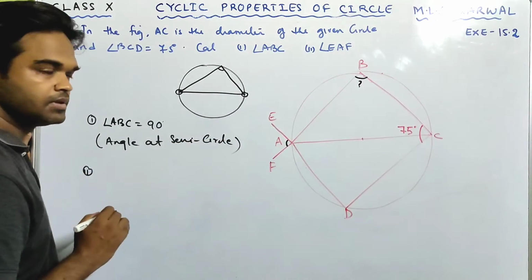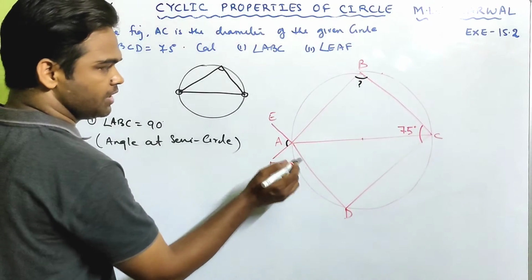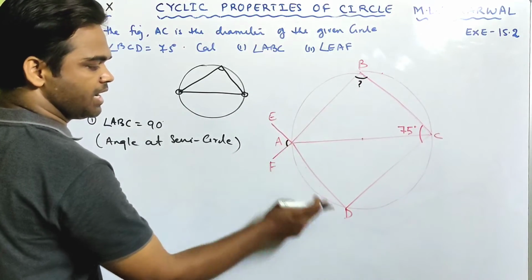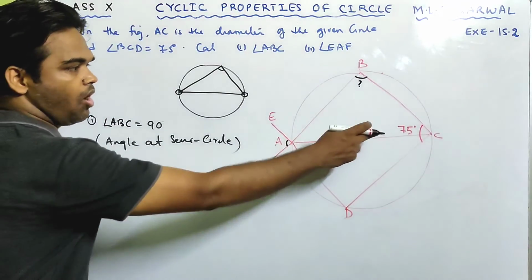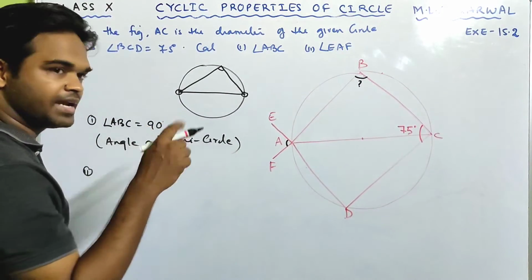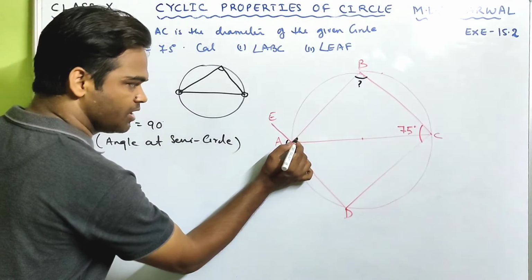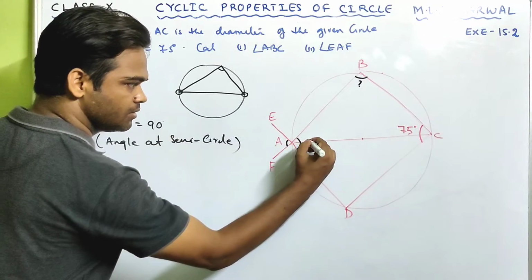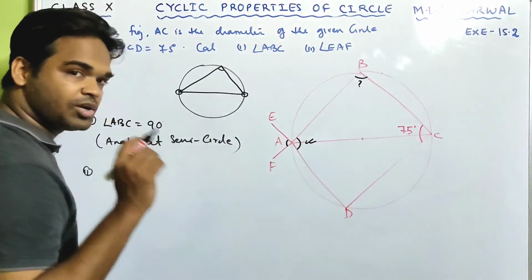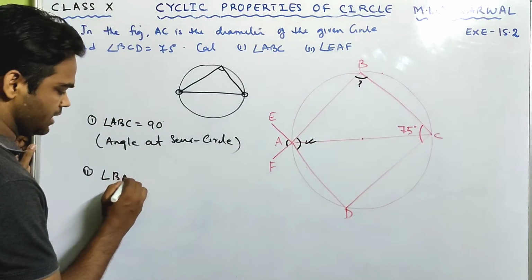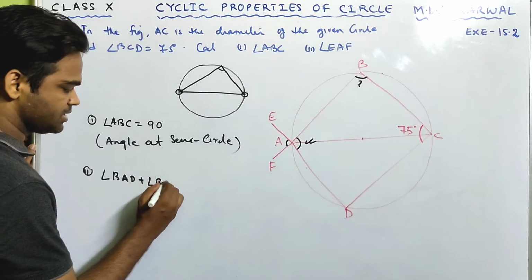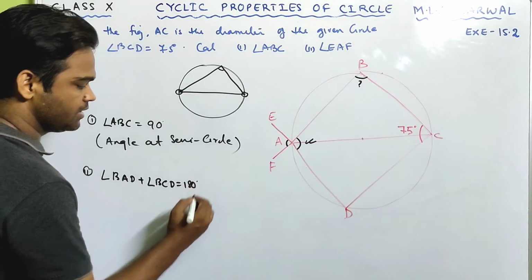Second part. Now look carefully. First of all, angle BAD and BCD are opposite angles of a cyclic quadrilateral. So they will add to give 180, which means this angle and this angle add to give 180 degree. Angle BAD plus angle BCD is equal to 180 degree.